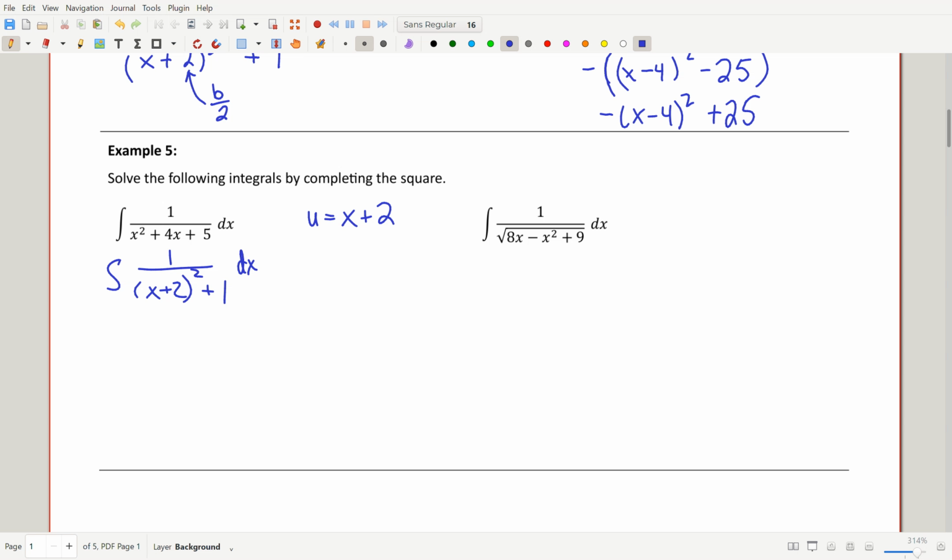Maybe not. So our du is 1 dx, yep, just 1, but du equals dx. So basically, we have the integral of 1 over u squared plus 1 du, which is identically arctan.